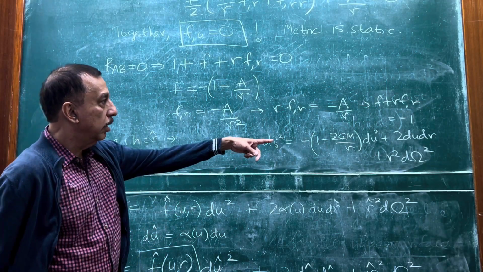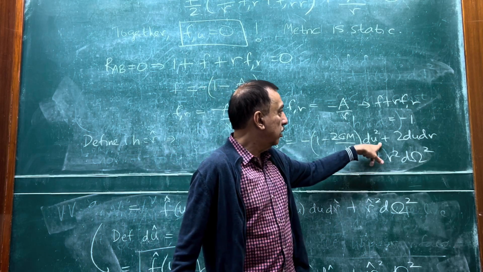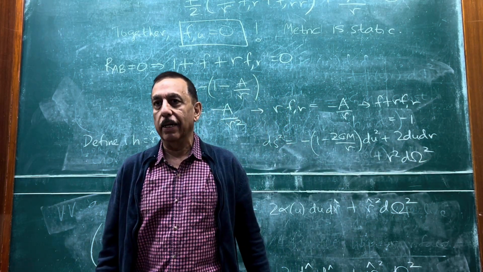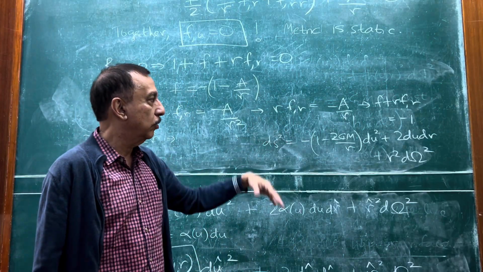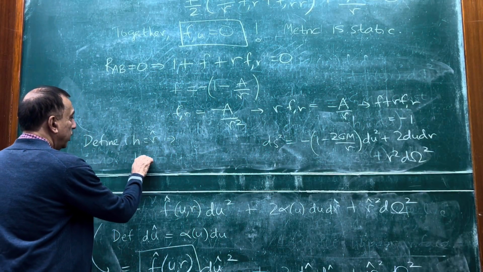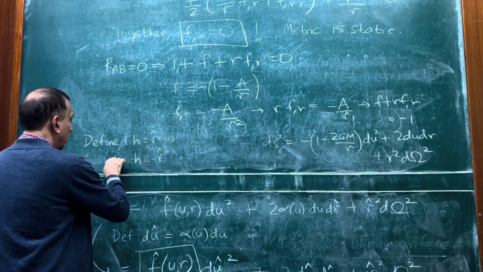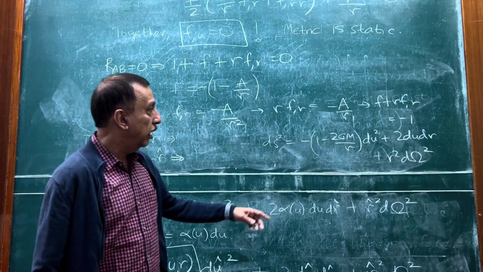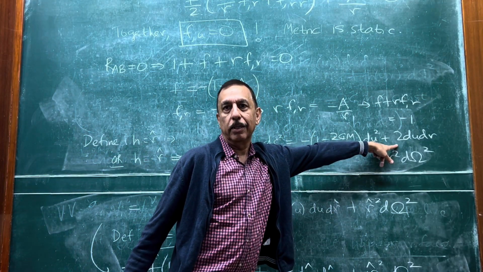That gives this, but you will recognize that the correct name for u would have been v. This is the ingoing coordinate Eddington-Finkelstein metric. Of course, calling it u or v makes no difference. But I could have also defined h equals minus r. That was an option. And in that case, this term would change sign.